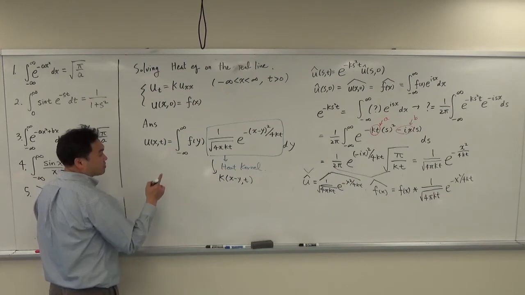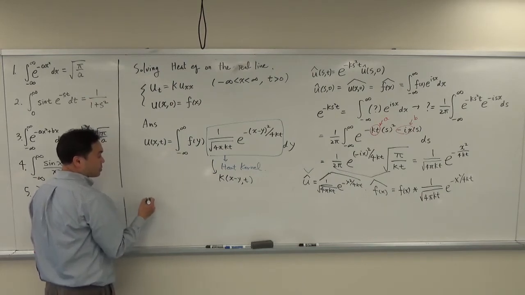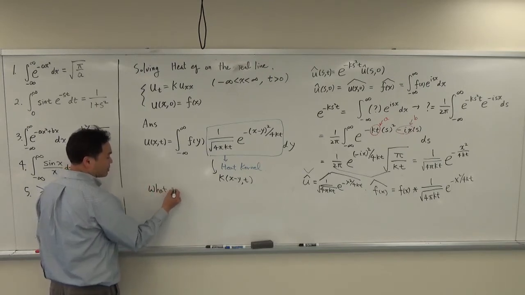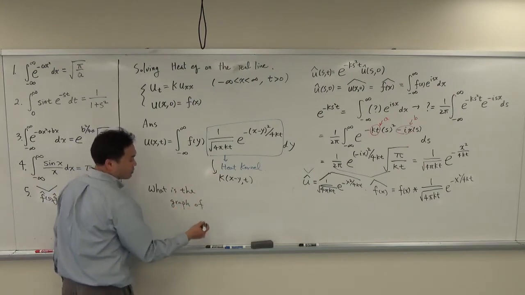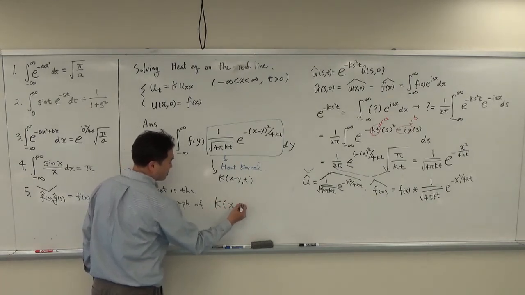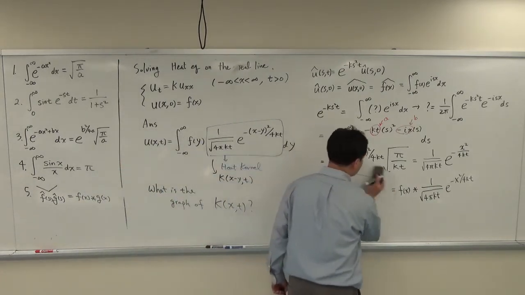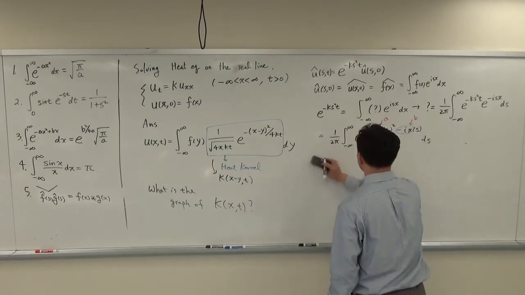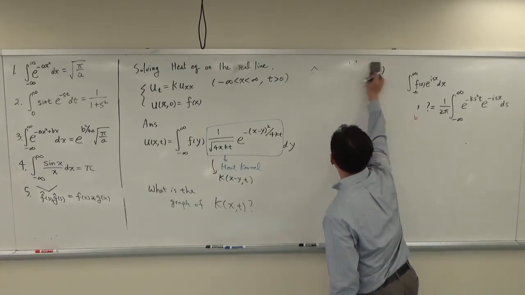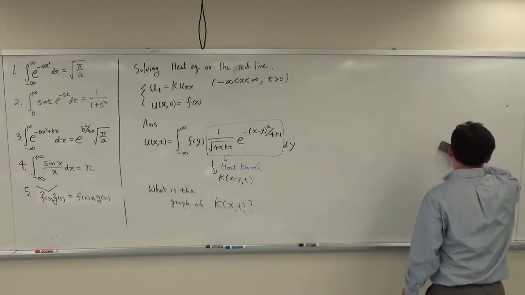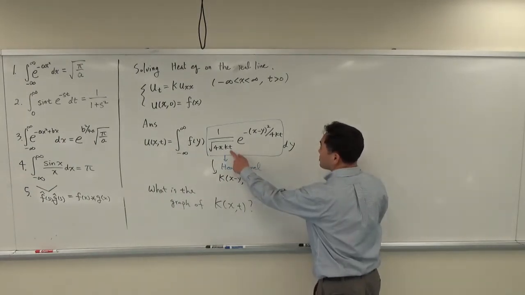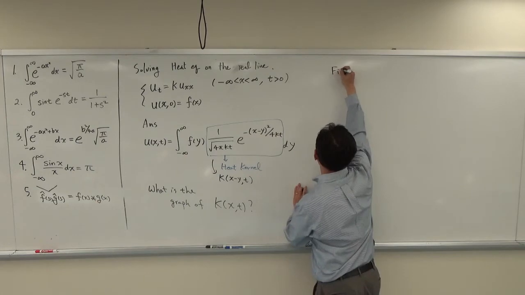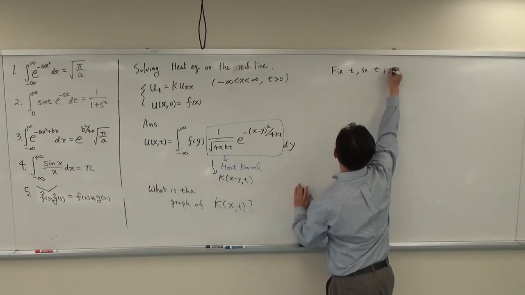If I put y as 0, here's the question: what's the shape, what is the graph of k(x,t)? Well, this is just some constant. So it's just fixed t. So t is a constant.